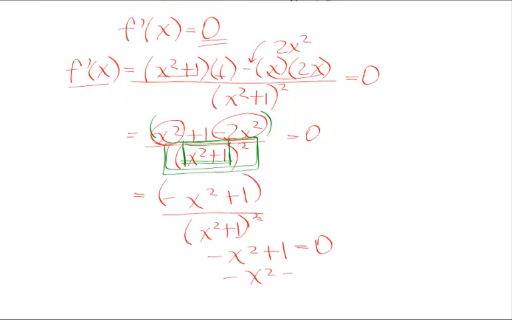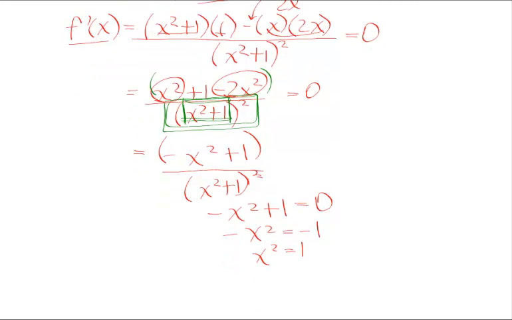So let's perform really good algebra. Be really careful. The only x values which I can square and get 1 for an answer are positive or negative 1. Remember, you're going to have 2 answers, not just 1.